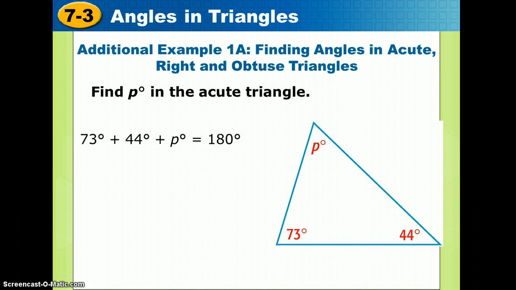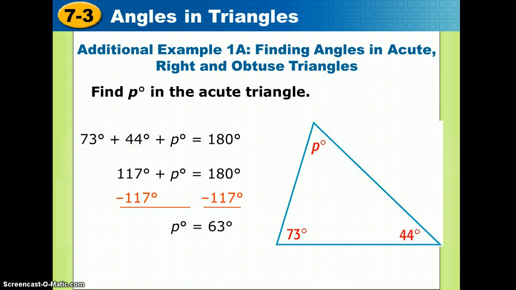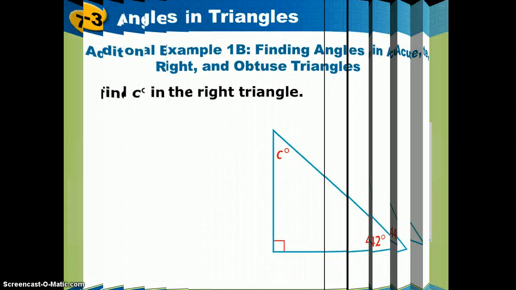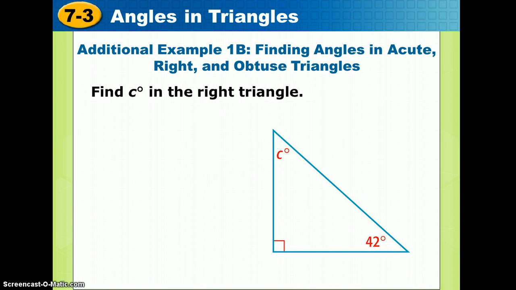Adding 73 and 44, we get 117 plus p equals 180 degrees. To get the variable by itself, which is always the name of the game, we subtract 117 and find that the missing angle is 63. You can always check your work by adding those three up and making sure they add up to 180 degrees.